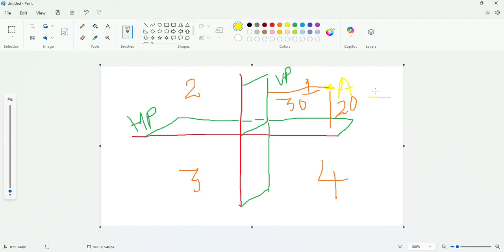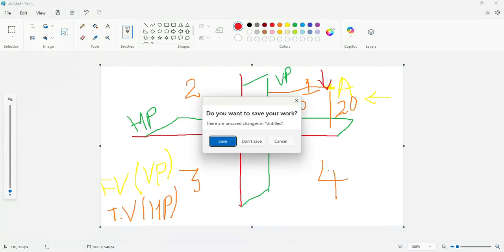Front view we will take from here, and you have to remember one thing, front view always appears on VP, and the second view, top view, always appears on HP. From the right side we are taking the front view, and from the top side we are taking the top view. So let's go to the new window.